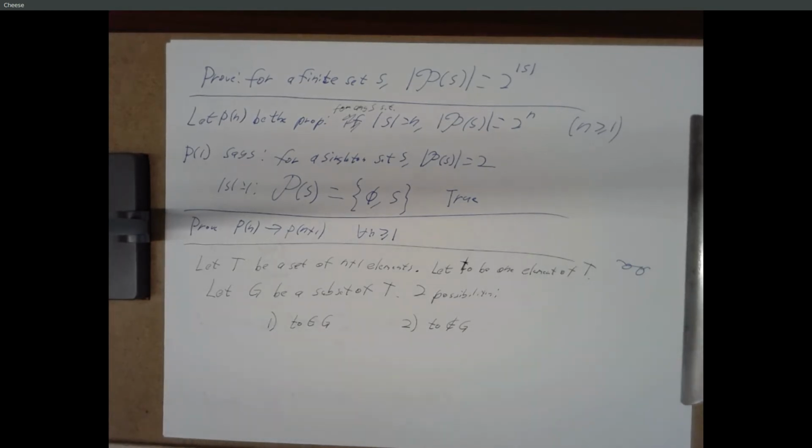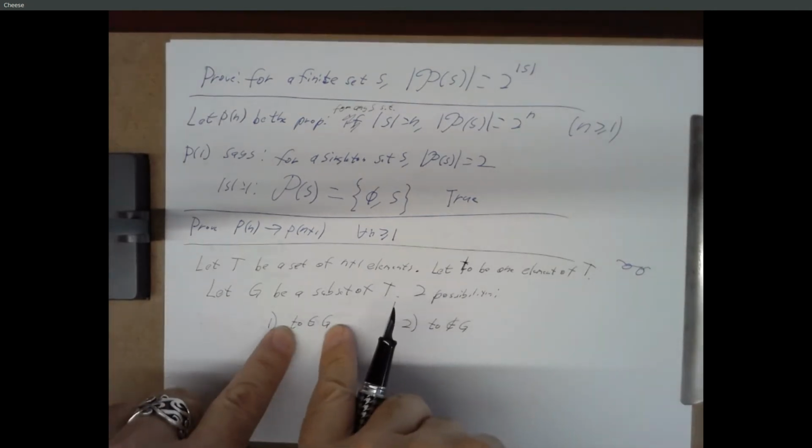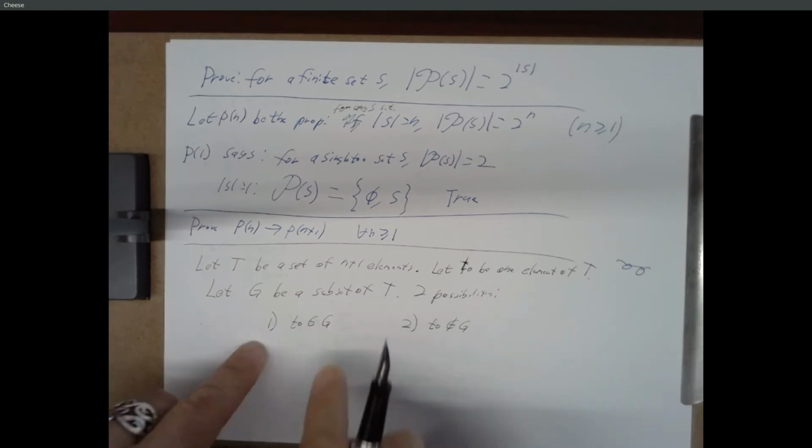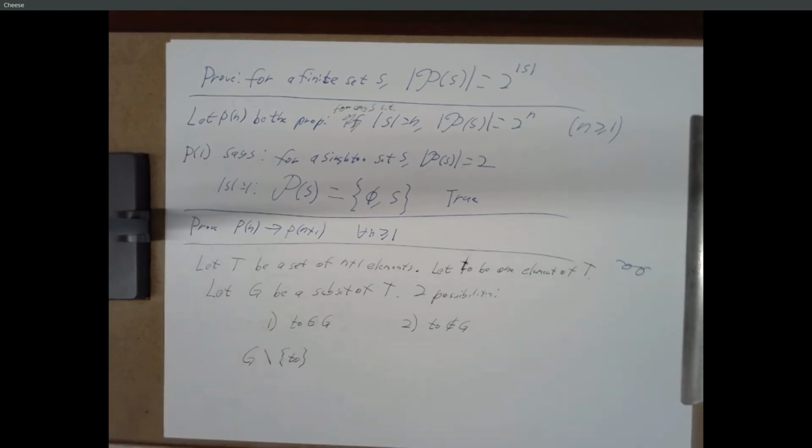Okay, how many subsets are there that contain T0? Well, suppose we take the set G and we take away the element T0 from it. We're left with a subset of T that does not contain T0.